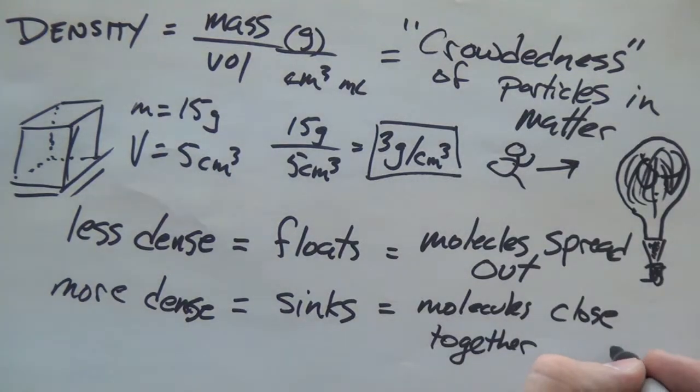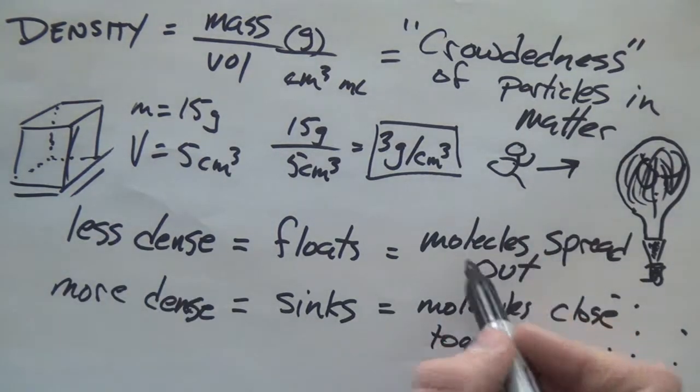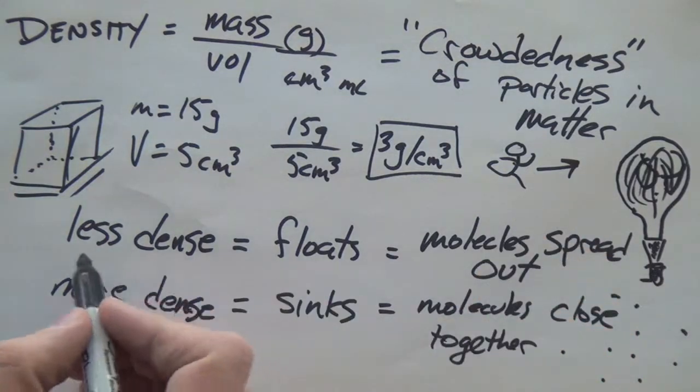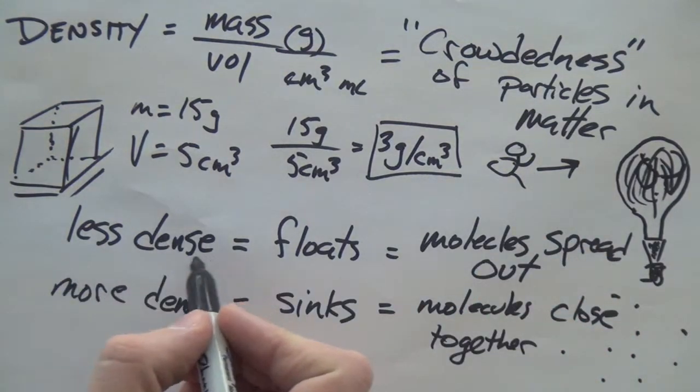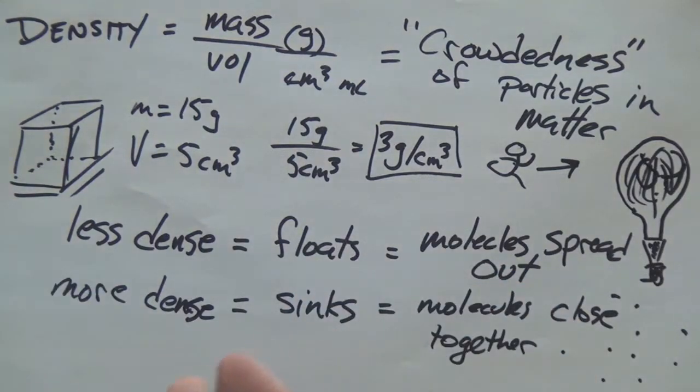Now, the air particles, as they gain energy, will speed up and move further apart. Wait a minute. Did I just say that the molecules will spread out as energy is inputted in there? Yes, I did. If molecules spread out, that means they are less dense. If they are less dense, then they will float. What is it less dense than? What is it being compared to in this example?